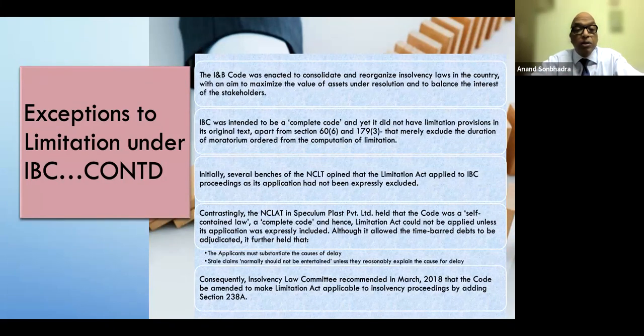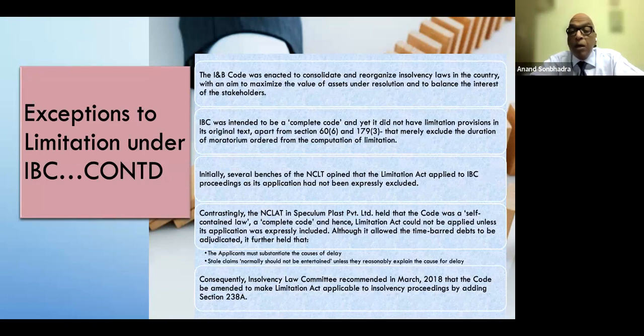Initially, several benches of NCLT opined that the Limitation Act applied to IBC proceedings as its application had not been expressly excluded. Contrastingly, NCLAT held that the Code was a self-contained law, a complete code, and hence the Limitation Act could not be applied unless its application was expressly included.